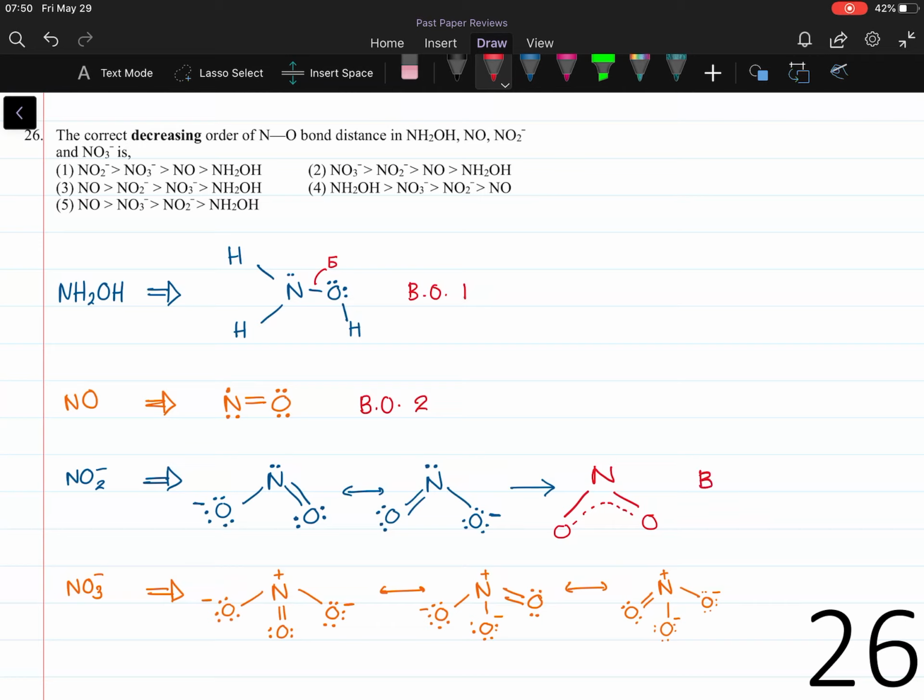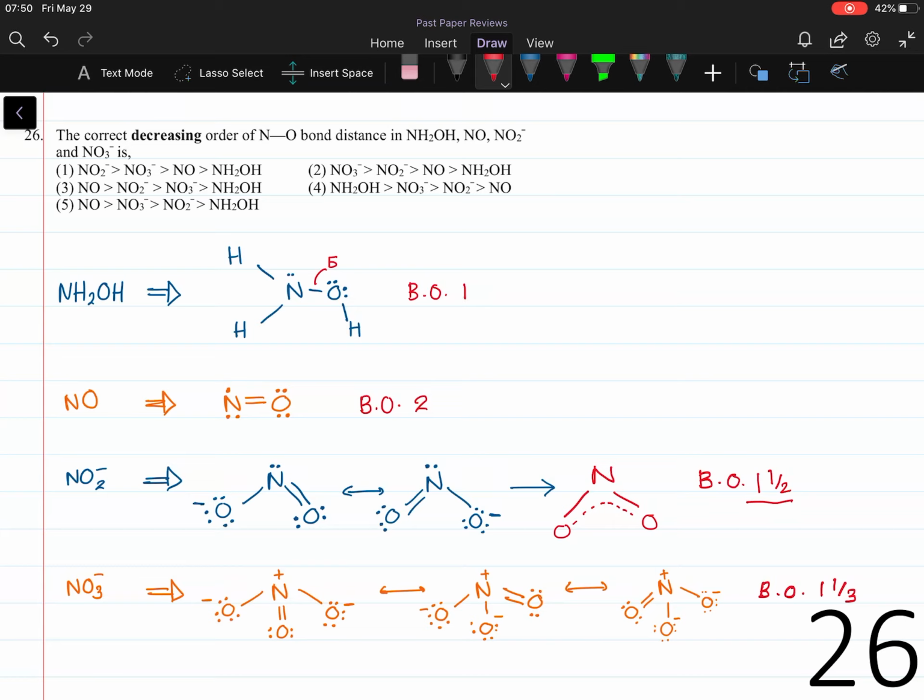Therefore, a single bond has 1 sigma bond and half of the pi bond, giving us 1.5 bond order. Same goes for nitrate, but in this case there are 3 bonds which share the double bond, giving the bond order 1 sigma bond and 1/3 of a pi bond.